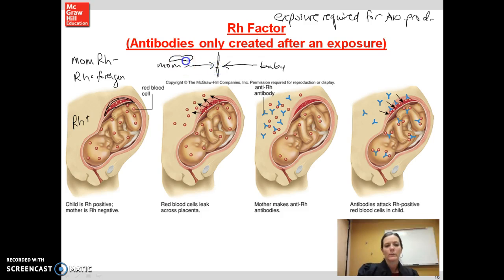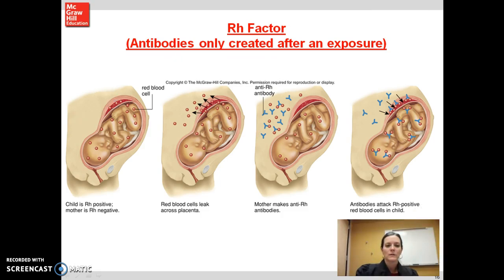So the mom's blood cells and the baby's blood cells don't ever mix. Oxygen goes this way, from mom to baby. CO2 goes from baby to mom. So we have the exchange and the transport of nutrients and gases and all these things that matter so much to the baby across that membrane of the placenta. But we don't have the passage of red blood cells across the placenta. So normally that shouldn't happen.